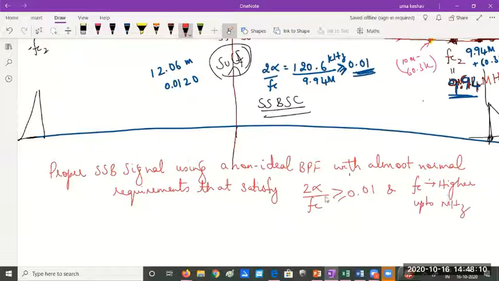I can get a high Fc also, I can get a proper filter also. Everything is possible with 2 stages. Okay. Any doubts with this? Any of you have any doubts with this?